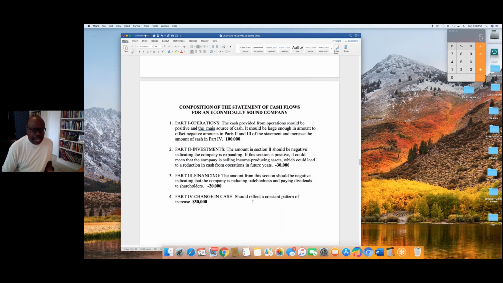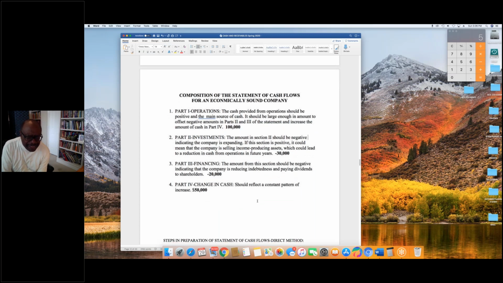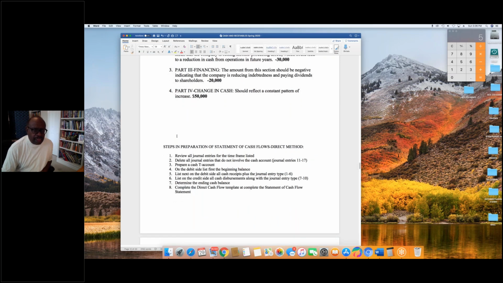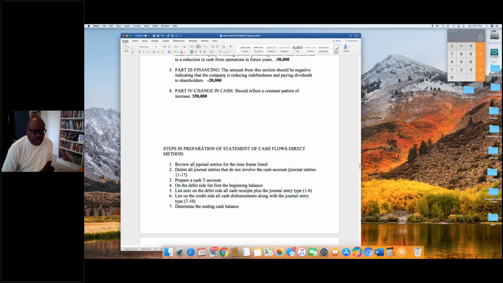So let's look at how we're going to prepare a cash flow statement based on what we've learned so far. Let's look at the steps in the preparation of a cash flow statement. First of all, we review all the journal entries.